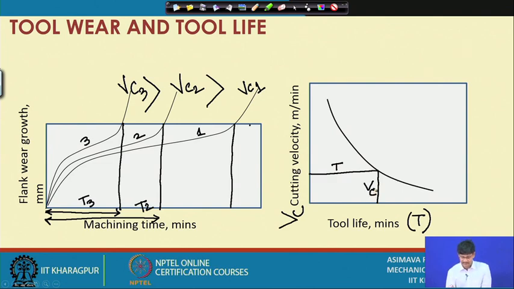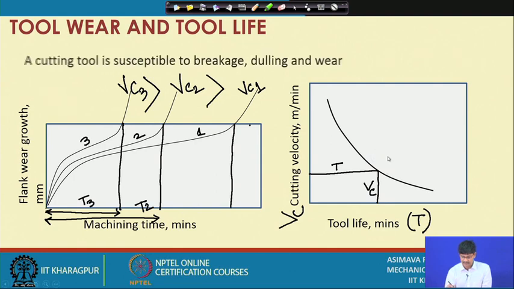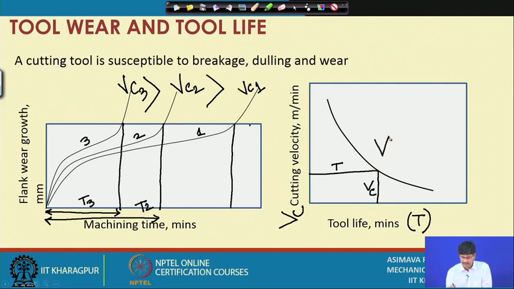What is this relation? V into T to the power n is equal to a constant. This is called Taylor's tool life equation.